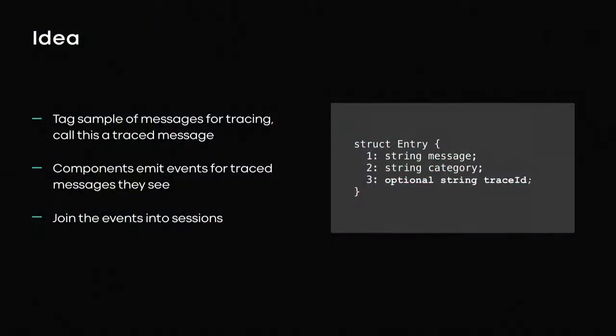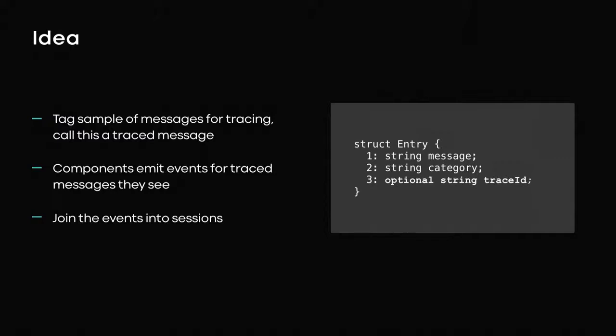So the idea for us behind the tracing is to take a subset of messages and give them a trace ID. So why a subset? Given the sheer number of messages that are flowing through Scribe at any point in time, it would be unreasonable to try and trace everything. So we sample the messages, and as you can see here on the right, we attach an optional trace ID.